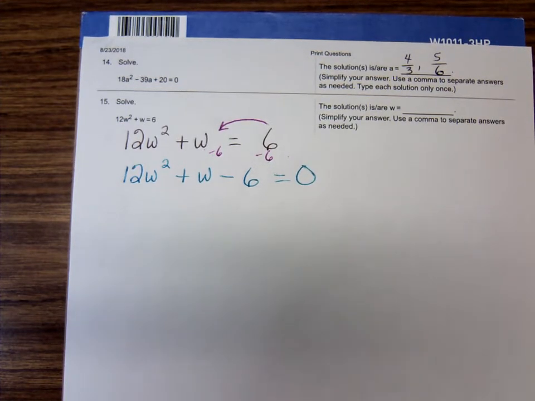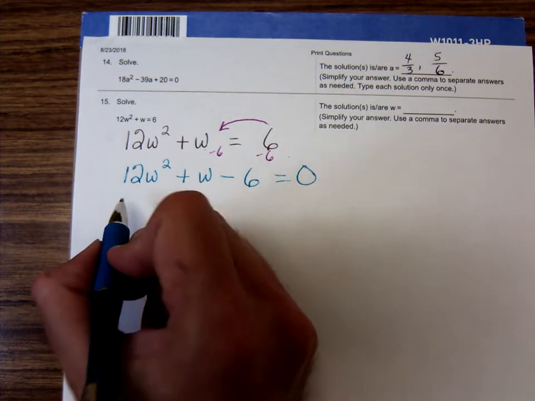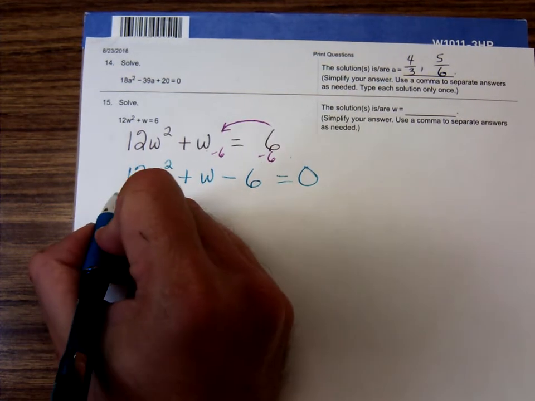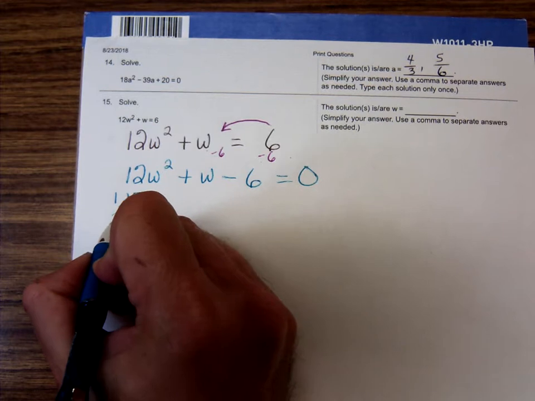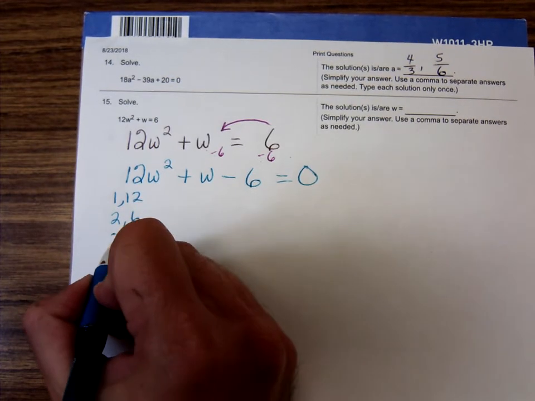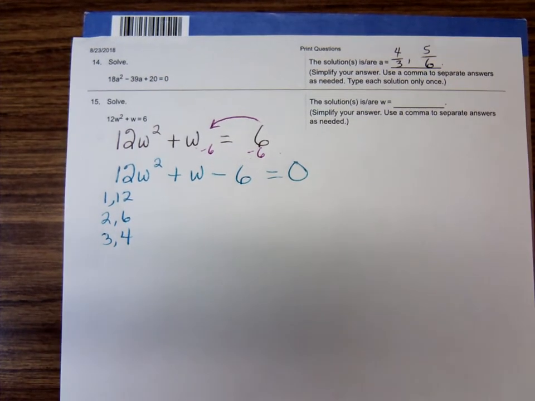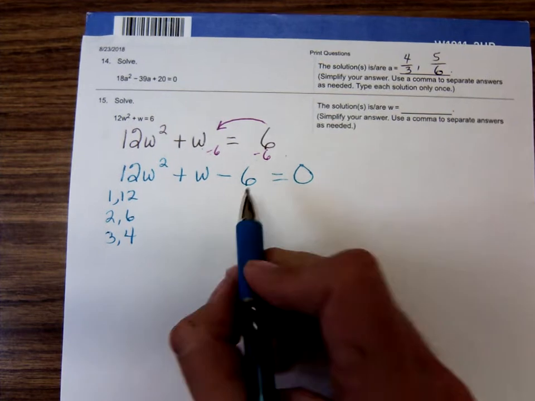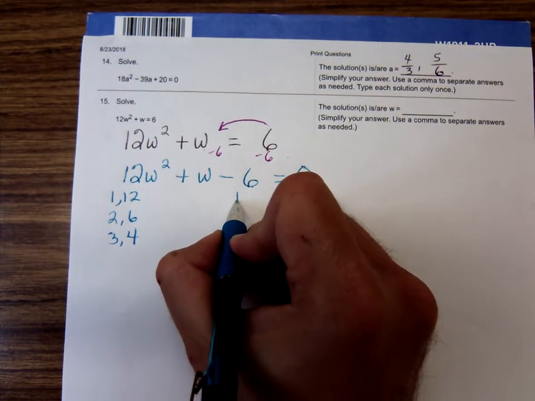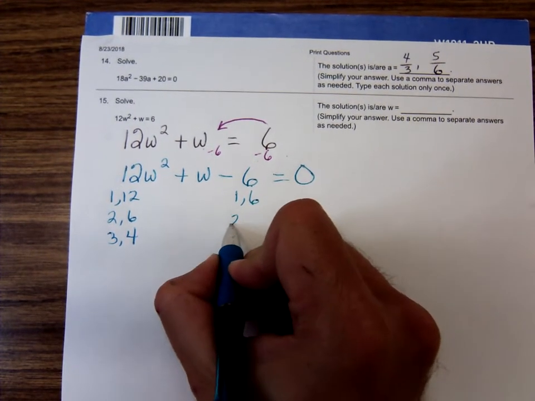Now let's see. Numbers that multiply together to give 12. There's 1 times 12, 2 times 6, 3 times 4. Numbers that multiply together to give 6. 1 times 6, 2 times 3.